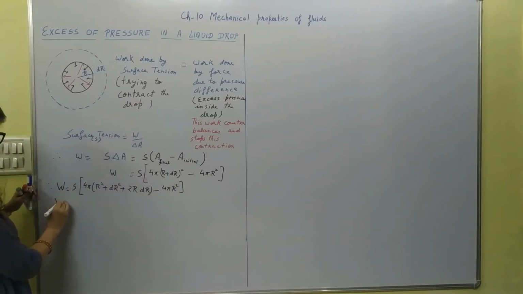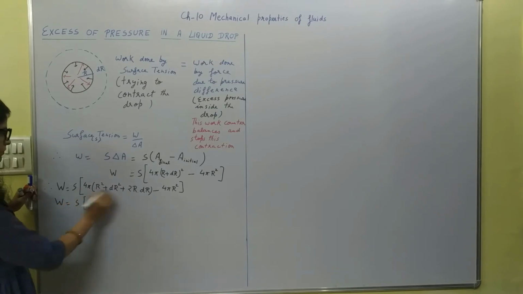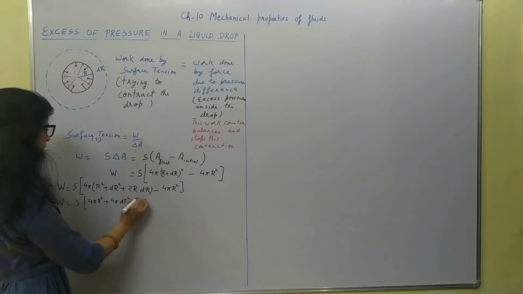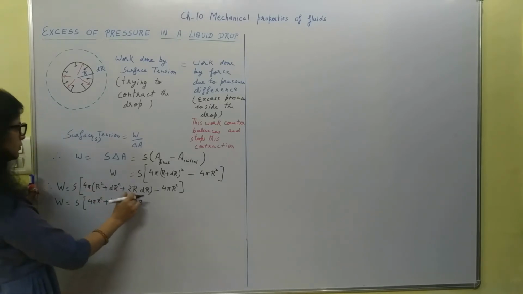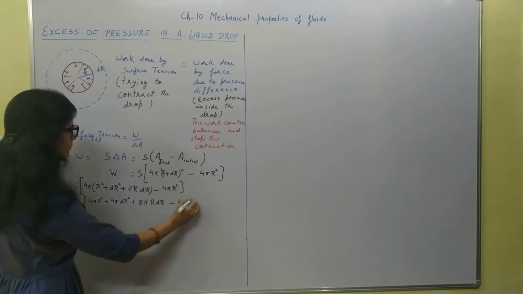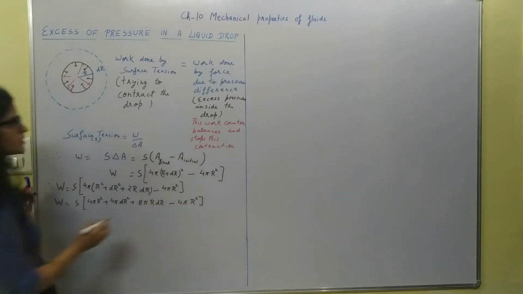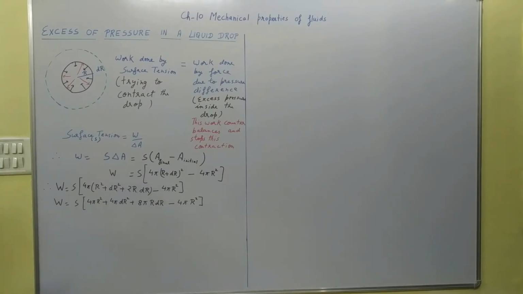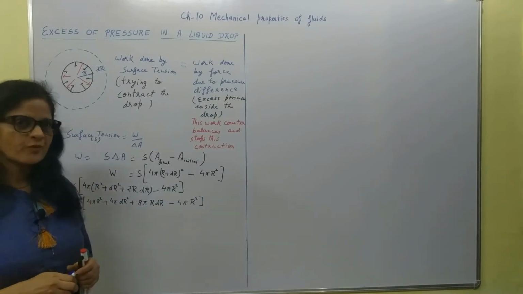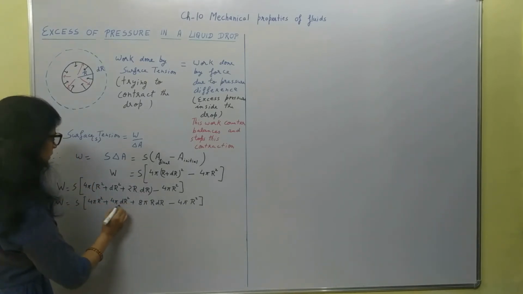We can solve it. Inside this will be 4 pi r square plus 4 pi dr square plus 4 pi into 2r, which is 8 pi r into dr, minus 4 pi r square. This dr will be very small, so we can neglect the square of this small term. Like if you have 0.1 somewhere, the square of 0.1 will be 0.01. So that's why we can neglect this quantity.